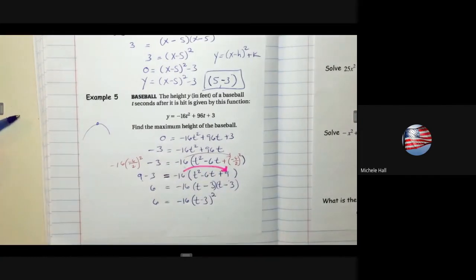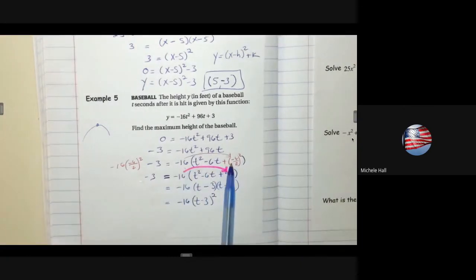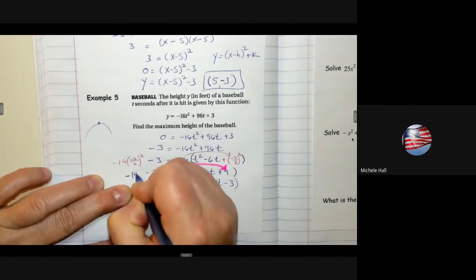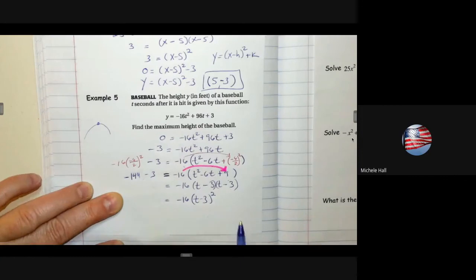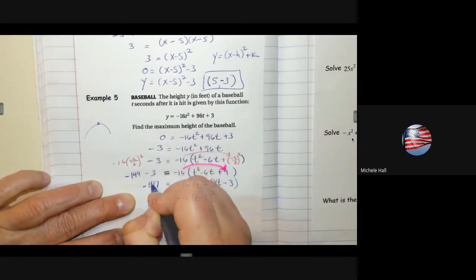So that would be 9 times negative 16, which would be negative 144. I was trying to avoid having to work with fractions, and I forgot about the negative 16 out front being multiplied to this 9. So negative 144, and then negative 144 and negative 3 is negative 147.